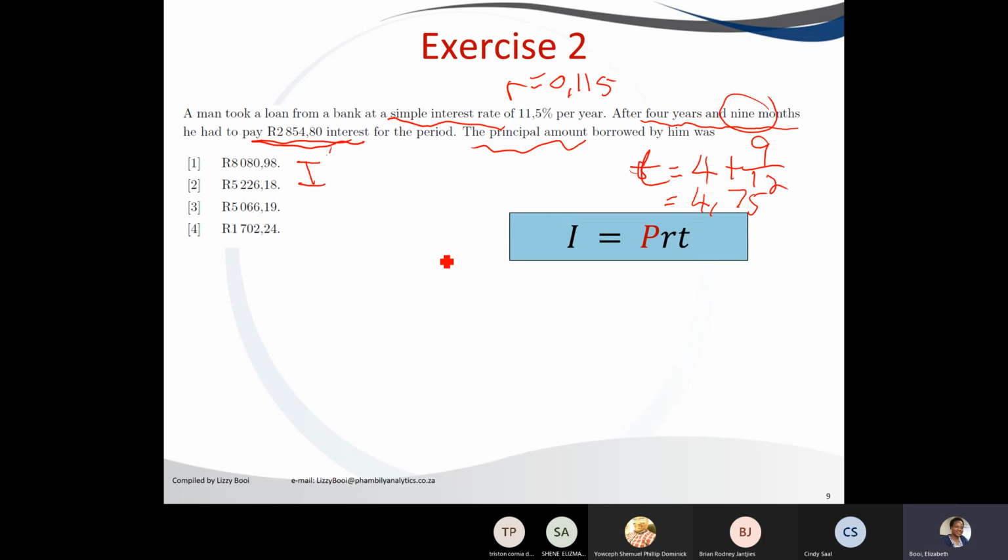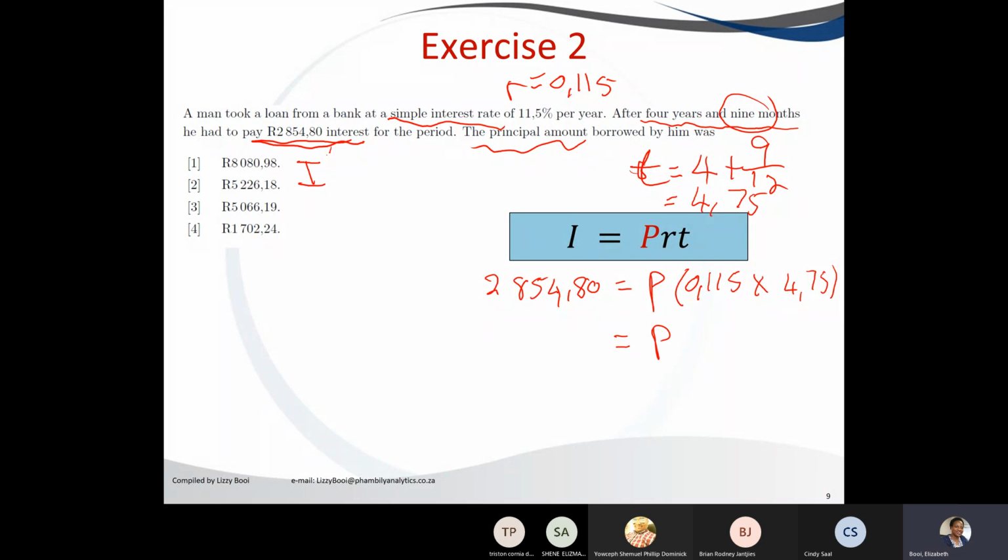Our interest is 2854.80. P is what we're looking for. Our rate is 0.115 because it was 11.5 divided by 100, multiplied by 4.75.